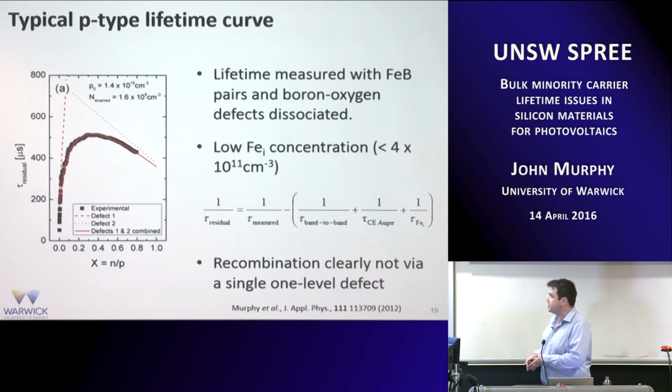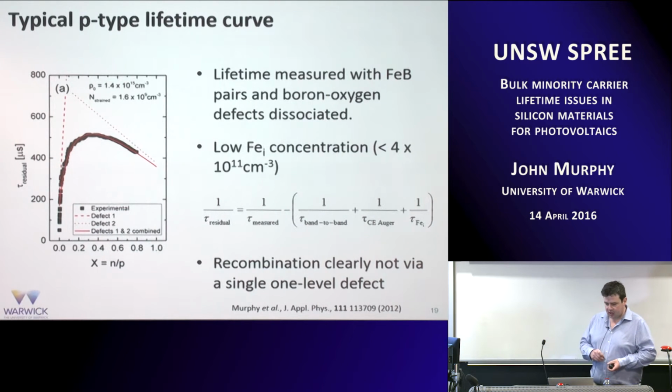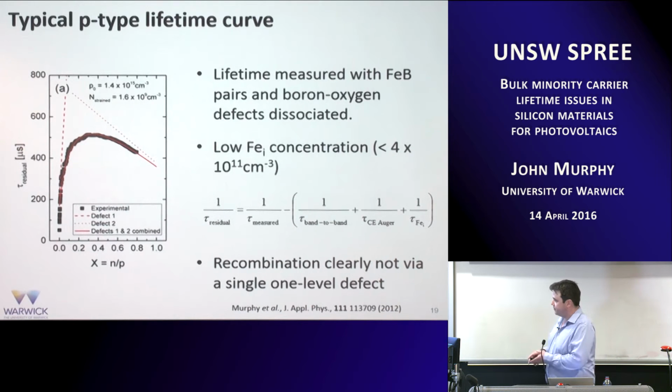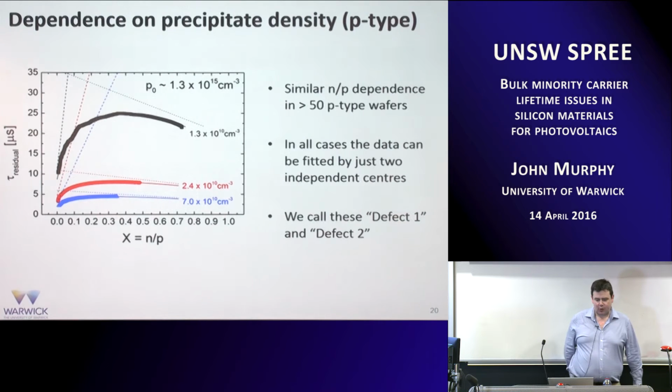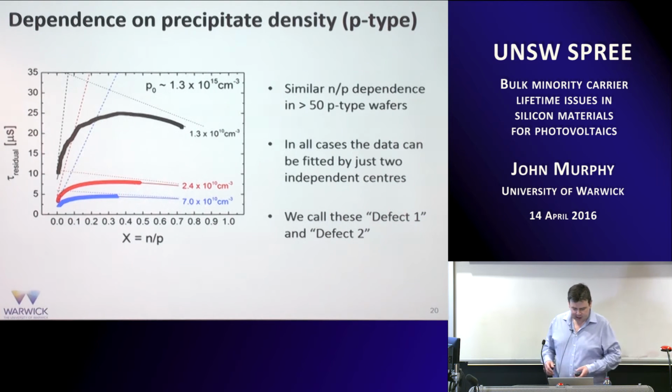The first comment is that we know that this is not a single defect. If we had a single defect, we'd have one straight line. We clearly don't have one straight line, we have at least 2. And so the first conclusion we drew is that oxygen precipitation creates more than one defect. We then did lots more experiments. We varied density, for example, and you get a whole family of lifetime curves.